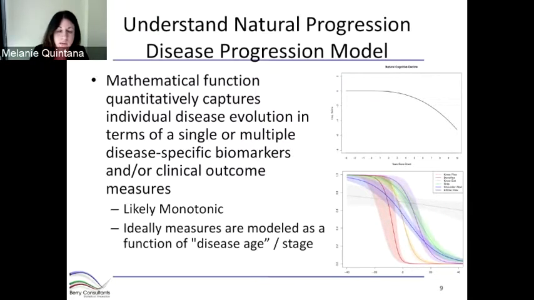Or what you'll see in the GNE myopathy case is it could be a latent variable that we call disease stage or disease age that is not measured, not observed, but can be estimated from the data. But essentially, these disease progression models are just a model of how the clinical endpoints, the ones that you'll want to study in your trial, will progress over time.